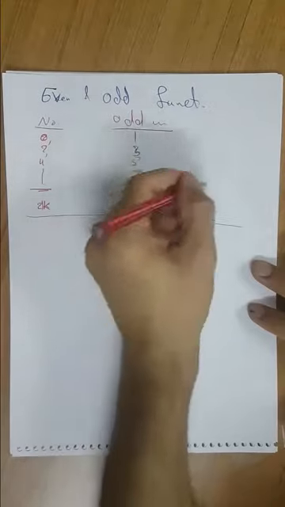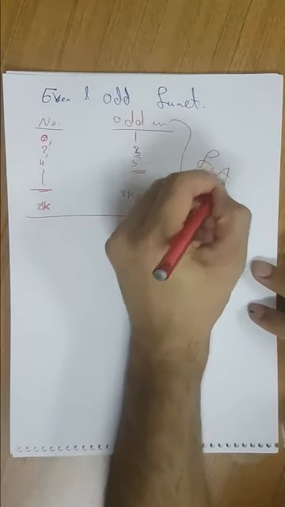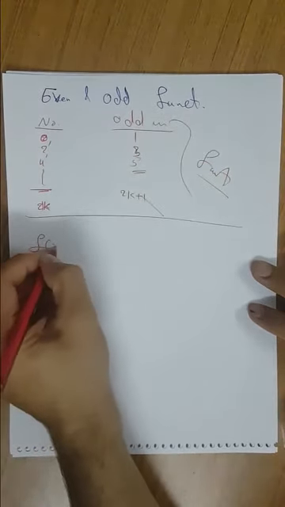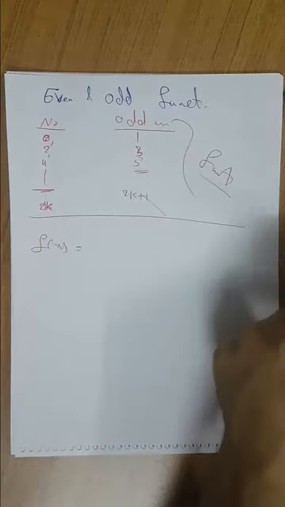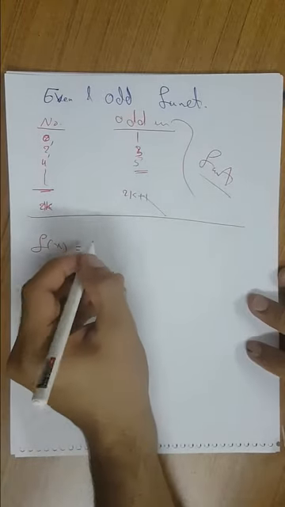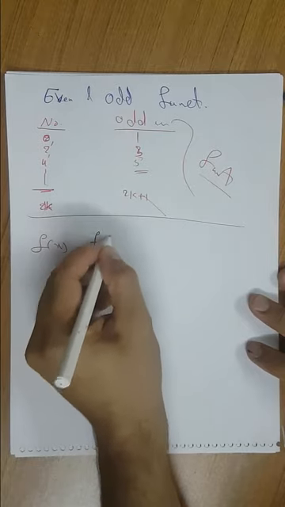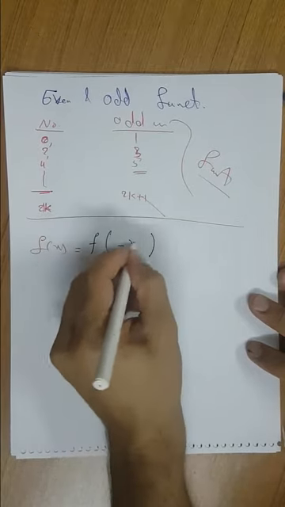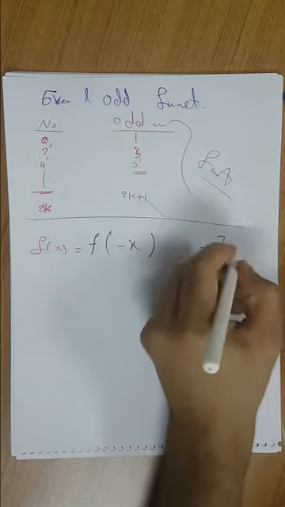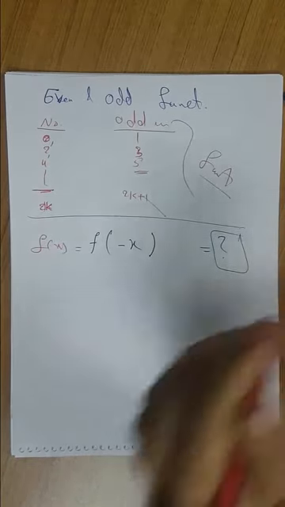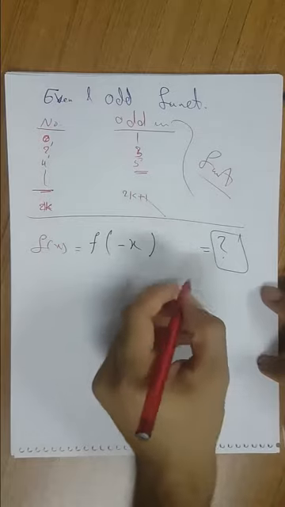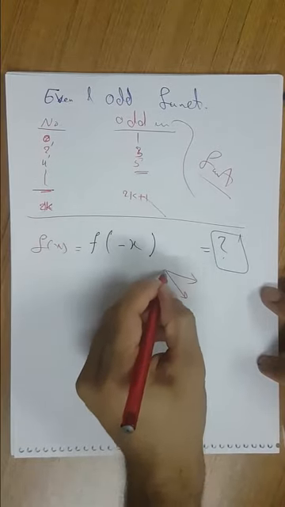But for functions, it's different. How? We have f of x. Please listen to me, we should test it. If I put in minus x, what do I get? What is the output? You have 2 or 3 choices.